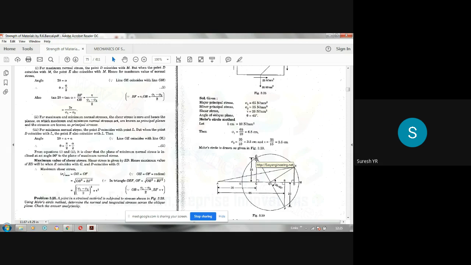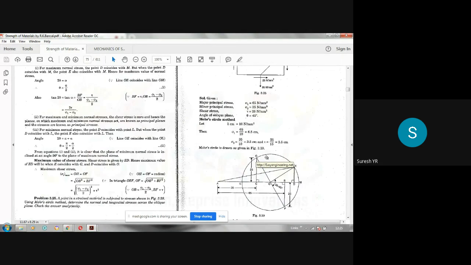Multiply whatever length you get by the scale, 1 centimeter is equal to 20 Newton per mm square. So you will get the maximum shear stress. And for the direction of the maximum shear stress plane, just add 45 degrees to the values of theta you have got for the principal planes.